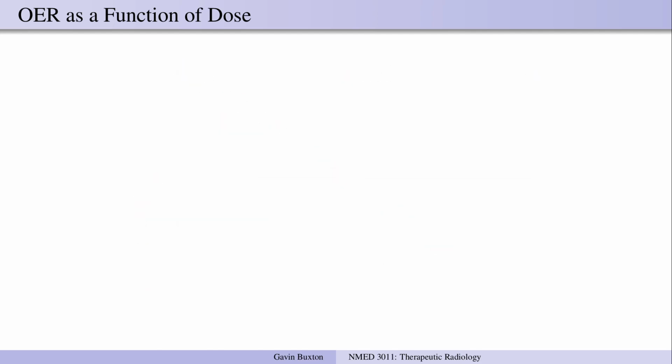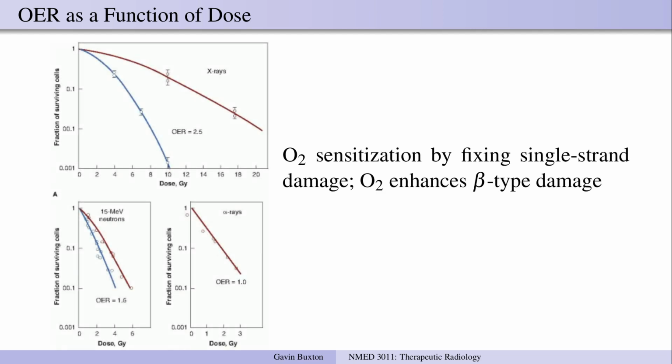Whether the oxygen effect is caused by not fixing damaged cells or is caused by increasing free radicals, the oxygen effect is related to the repair of cells. Recall, beta-type damage is the damage that occurs by 2 strands of the DNA at different times from different particles. By reducing the likelihood of repair, you can enhance this beta-type damage. At lower doses, alpha-type damage dominates, so the oxygen enhancement ratio is smaller.